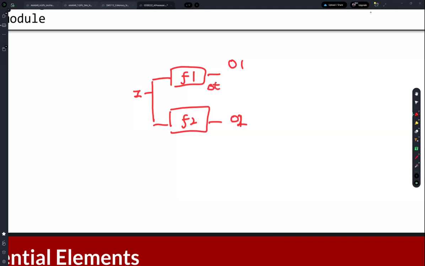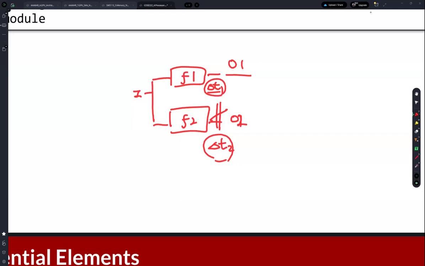But F1 will generate O1 after some delta T1, and F2 will generate the output O2 after delta T2. This delta T1 and delta T2 are different.